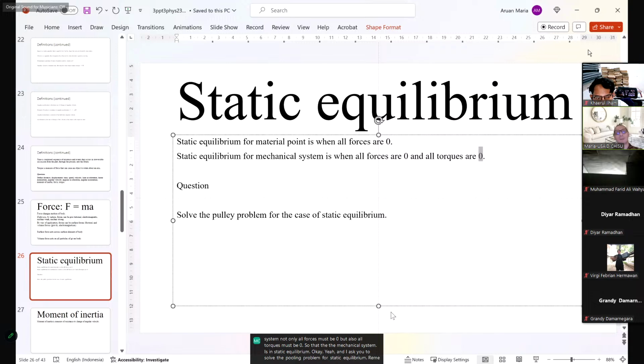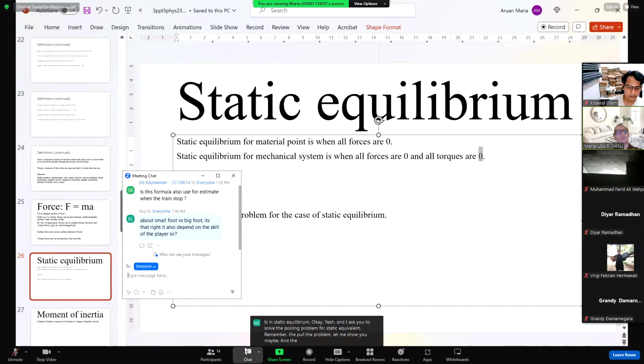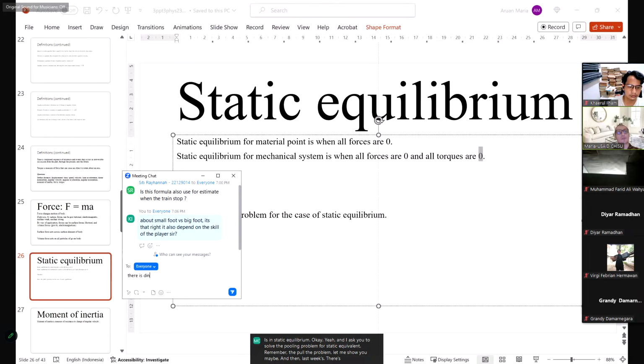Remember the pulley problem, let me show you in last week's presentation. Let me see. Oh, is it not here? Just a moment. It should be here somewhere. Oh, here we go. Can you see?